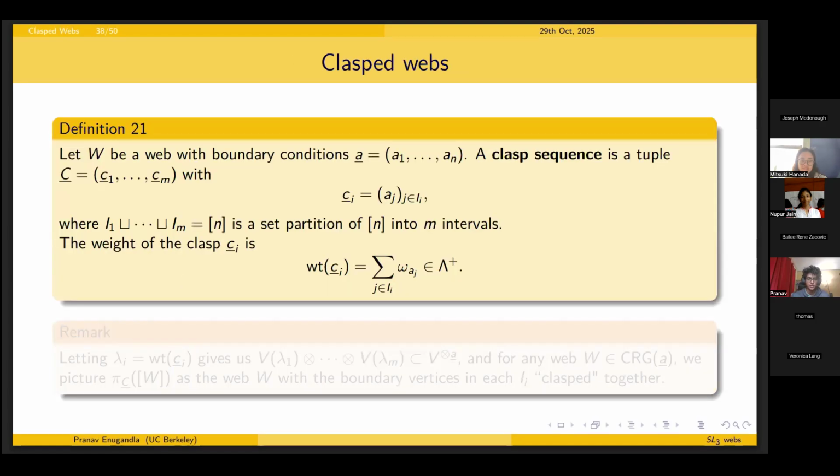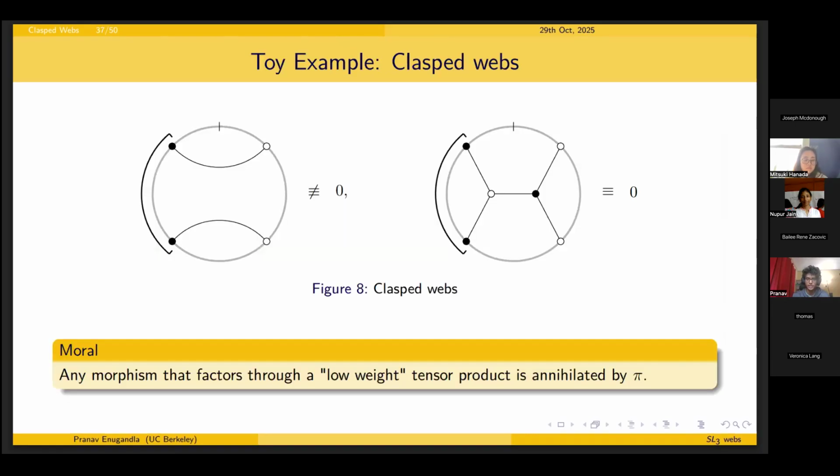Okay, so this is me just setting up what a clasped web is. So a clasp sequence is just, you pick subsets of your boundary vertices that you're going to clasp. So this is just telling you where you're drawing the external clasps. And this is just saying that the weight of a clasp is the sum of the weights of all the boundary vertices. So for example, in this picture, I have these two things which are unclasped, so they live in a clasp by themselves.